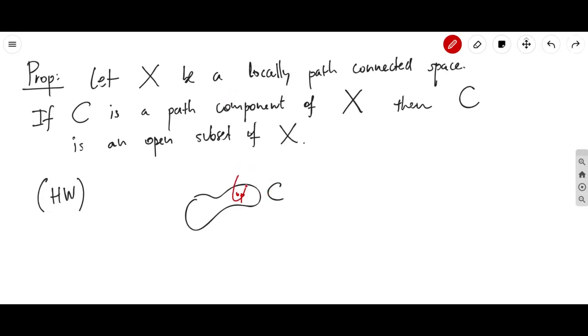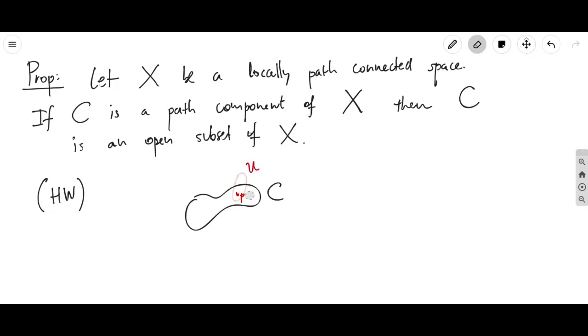But what if the open subset, let's call it U, that's U as a path connected subset, falls outside of C also? Well, then you run into the problem that we saw before, that if you take the union of C and U, because U and C are both path connected and they overlap at P, you've just constructed something that is larger than C itself. And then you're contradicting the fact that C was a maximally large path component.